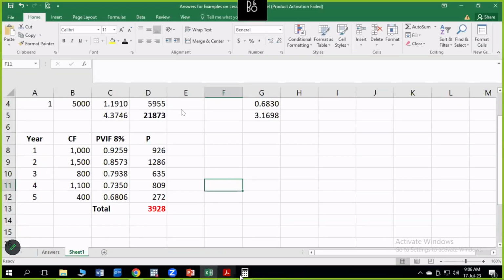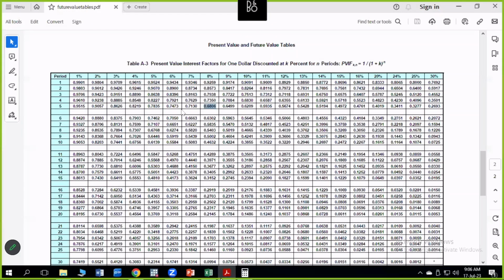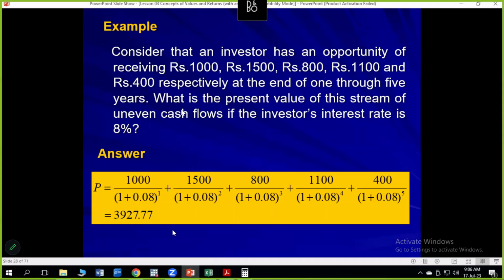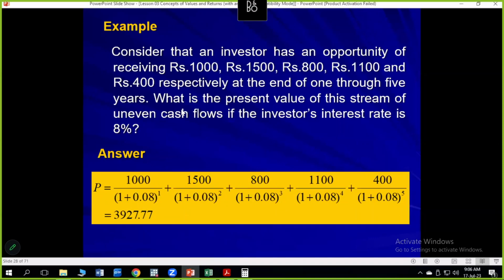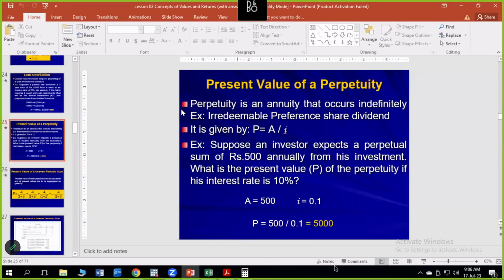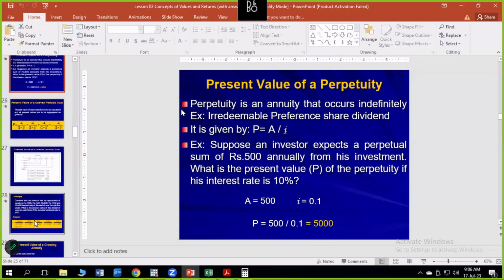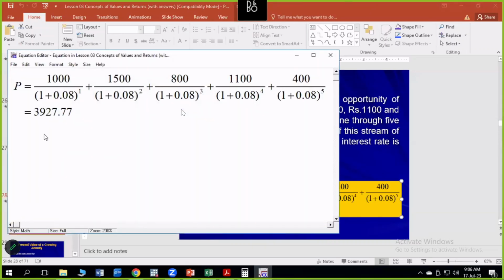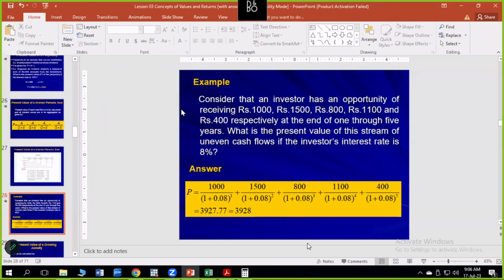So this is obtained like this, using the table value, etc. So in this way you want to answer.